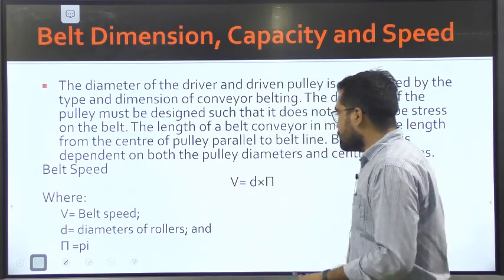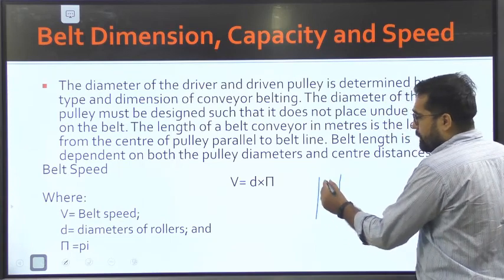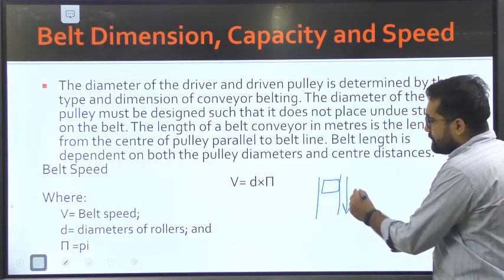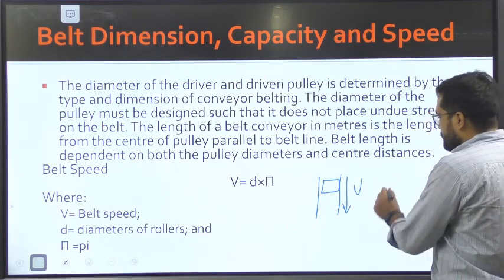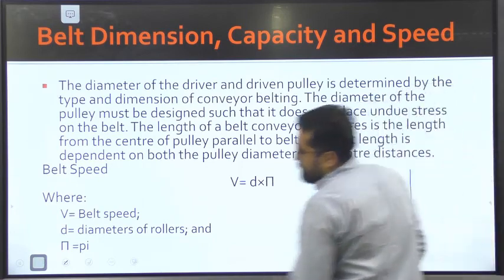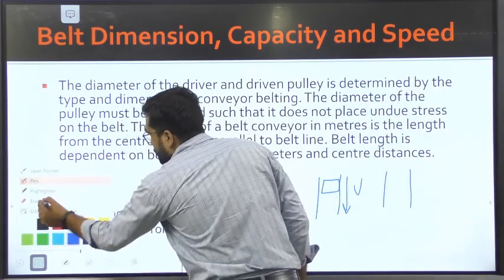So suppose one belt width is this much and we keep a box over it and it's moving with velocity v.